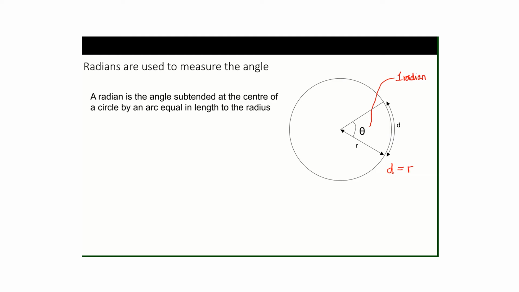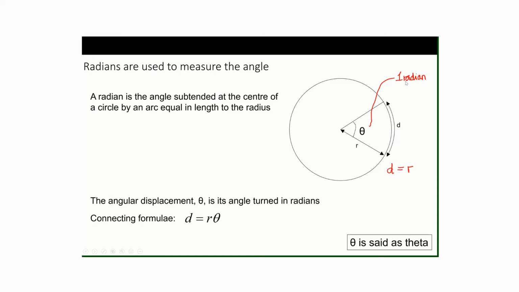And we're going to use that to define how far things turn for rotation. We call the amount that it turns angular displacement, and we give it the symbol theta. It's the angle turned in radians. And we've got a connecting formula between the distance of a point round on the edge with the angle turned.